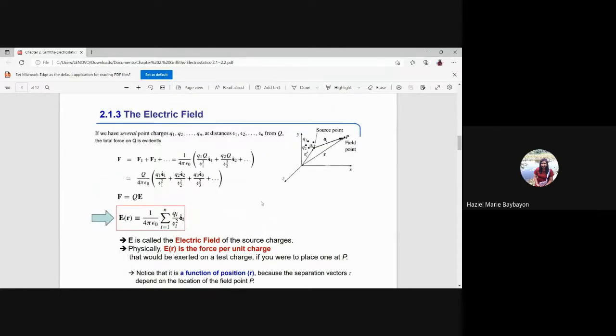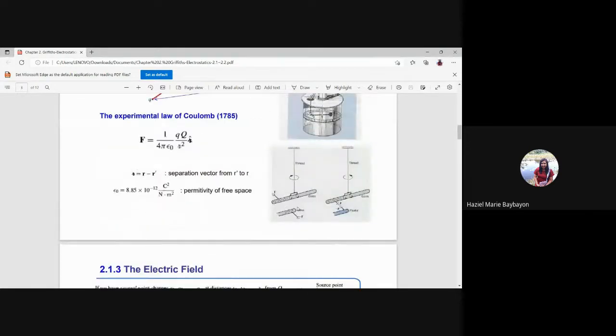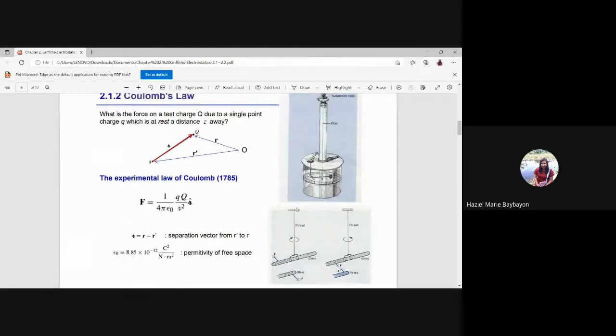So we have here a question: how does one particle sense the presence of the other? The electrostatic force is an action-at-a-distance force, so it is a non-contact force.